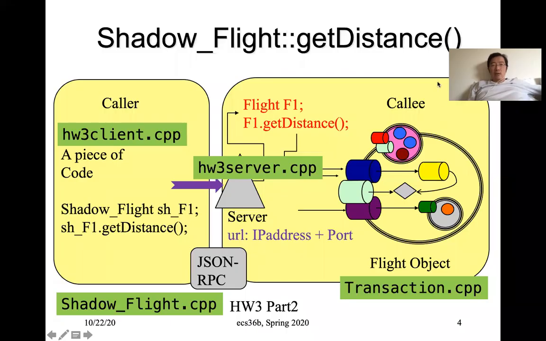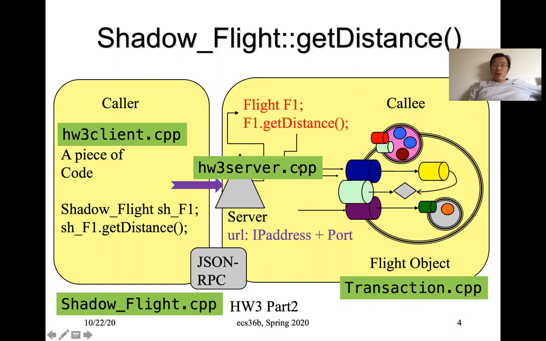So what you need to know is that this picture without these four green boxes gives you a concept of what's going on. But it's important for you to look into the code. At least this has been recorded. You can see on the video what code segment I have, and essentially understand how HW3 client.cpp calls a function in shadowfly.cpp, which is received by HW3 server.cpp, and then it calls another function, getDistance, defined in transaction.cpp.